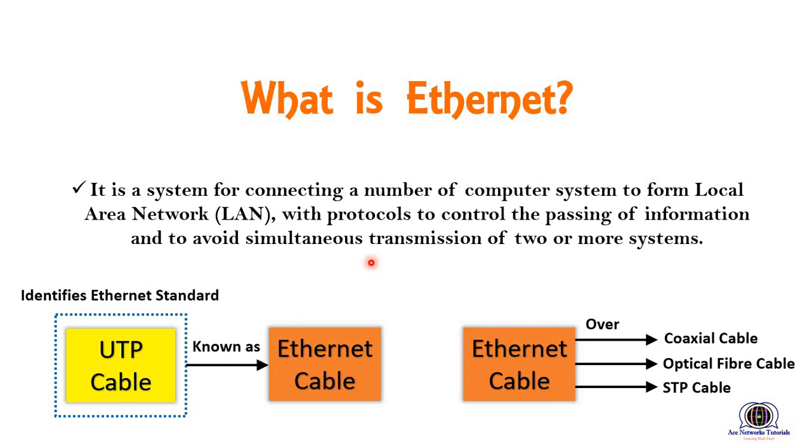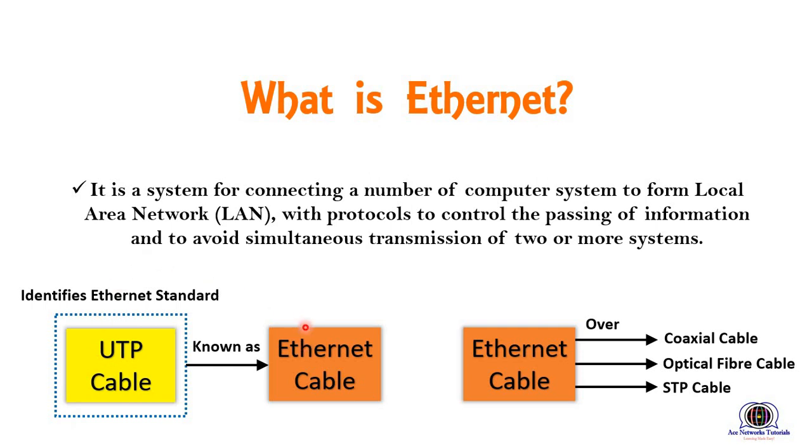UTP cables are closely identified with Ethernet standards, and are often referred to as Ethernet cables. Ethernet can run over coaxial cables, optical fiber, or shielded cables as well. However, computer stores never label these cable types as Ethernet cable, only the UTP.